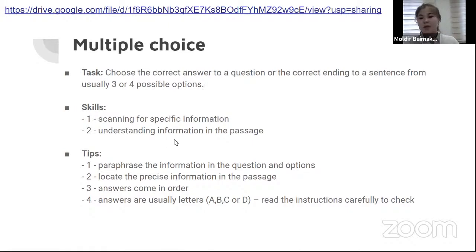We know what kind of question there is, what keywords are there, and we also have to know their synonyms so that we come back to the text and try to locate information. For this, we need to use scanning. We've worked through this, so it shouldn't be a problem. And also understanding information in the passage. Of course, passages are huge.